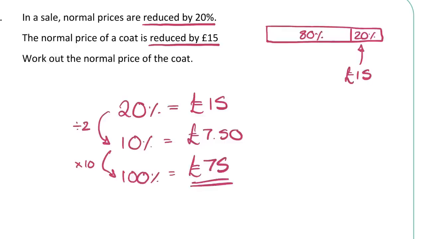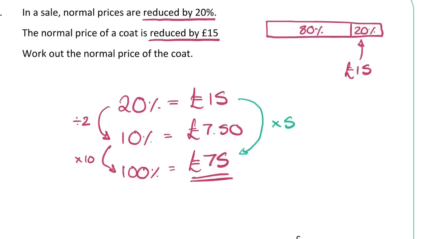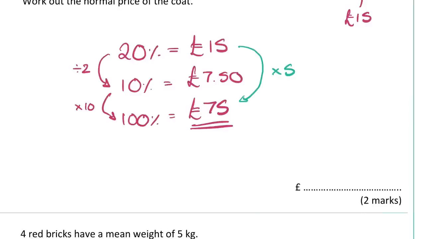Of course, you could have got there in one jump, just timesing by 5. That's how you get 20% to 100%. Either method's fine. In this one particular question, we just times by 5, but for any other percentage, we would probably break it down to 10% first. So there we go, our final answer, £75.